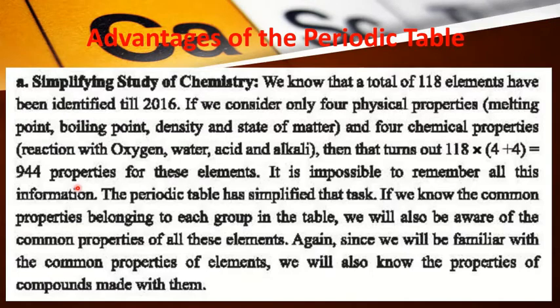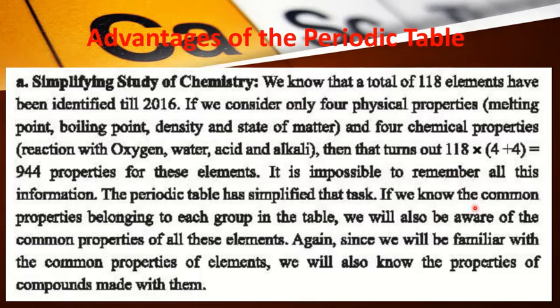Can you imagine? How can you remember these 944 properties for these elements? It is impossible to remember all this information. The periodic table has simplified that task. That means you have no need to remember 944 properties, because the elements of the same group exhibit similar properties. If you know the property of lithium, you can tell the properties of the other 5 elements of group 1. If you know the property of chlorine, you can tell the properties of the other 5 elements of group 17, like this.